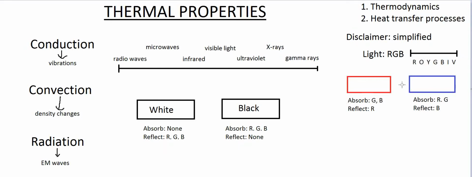So why do these red surfaces appear red and blue surfaces appear blue? It's because the red surface, instead of just absorbing green and blue light, reflects light at the red end of the spectrum and absorbs light at the blue end of the spectrum.